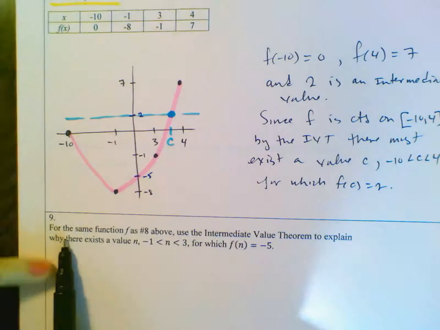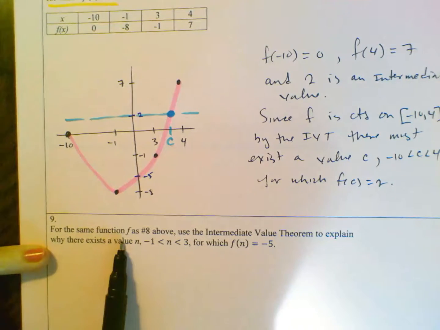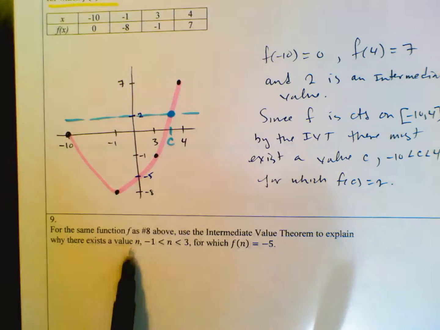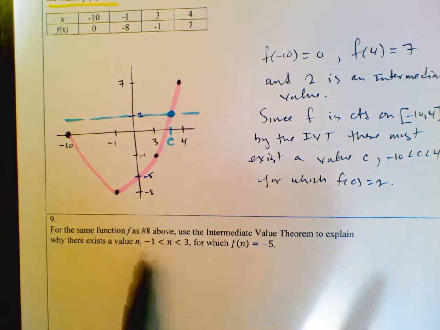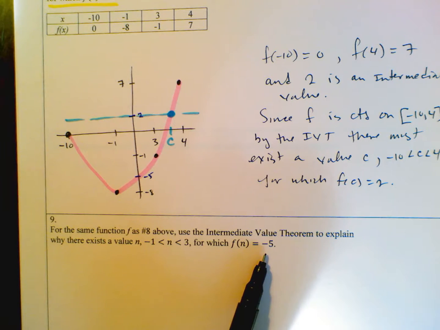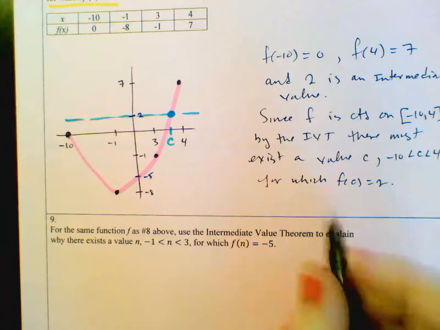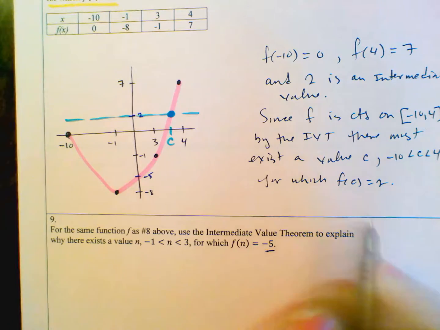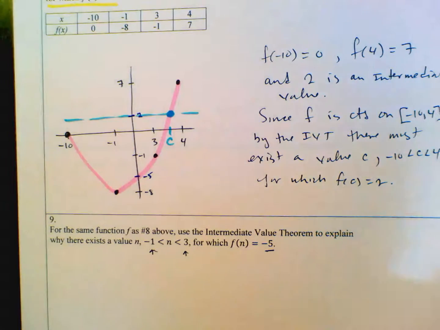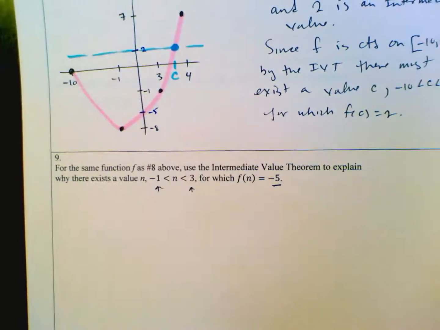Now, for the same function f as number 8 above, use the intermediate value theorem to explain why there exists an n between -1 and 3 for which f of n is -5. Okay, so guys, I need to establish that -5 is an intermediate value for those outputs. That's the first thing I need to establish.